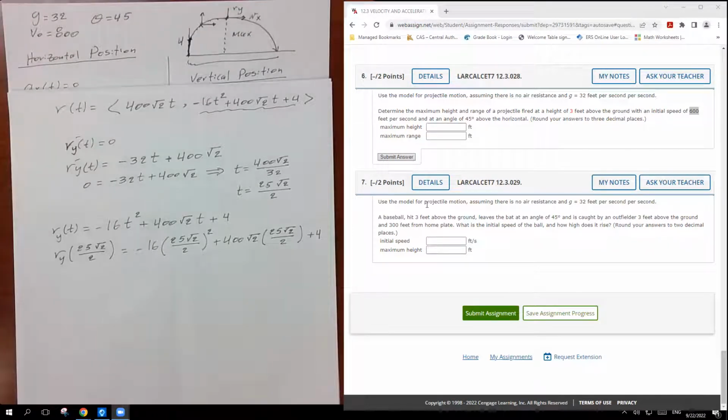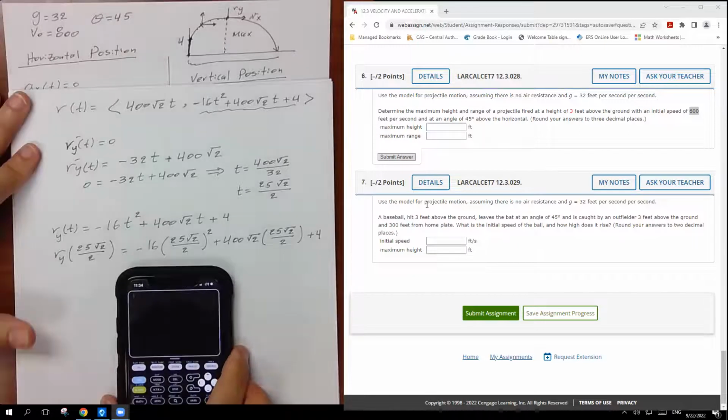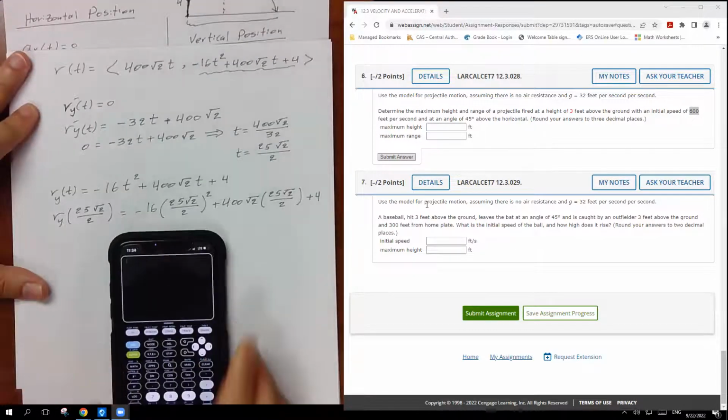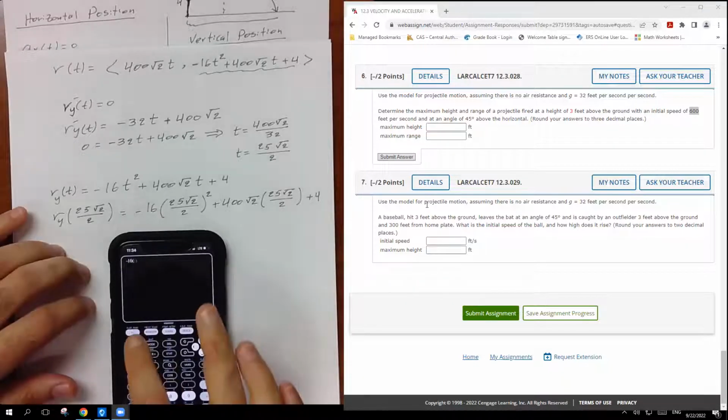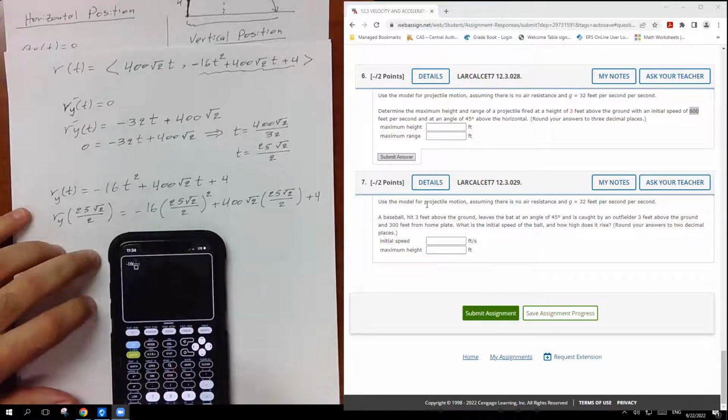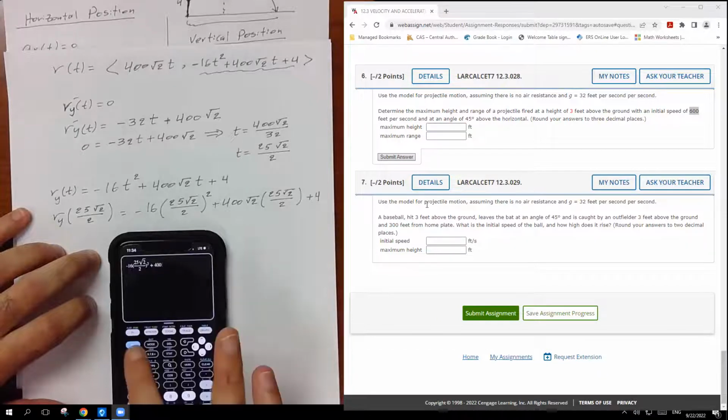Let's check that with the calculator. Can you see? Yes. So it's negative 16, parentheses, I'm going to use a fraction, 25 square root of 2 over 2, close it, squared. Plus 400 square root of 2, and parentheses, the fraction again, 25 square root of 2 over 2, close the parentheses and everything plus 4. I hope it's not going to be a decimal number, but it's okay.